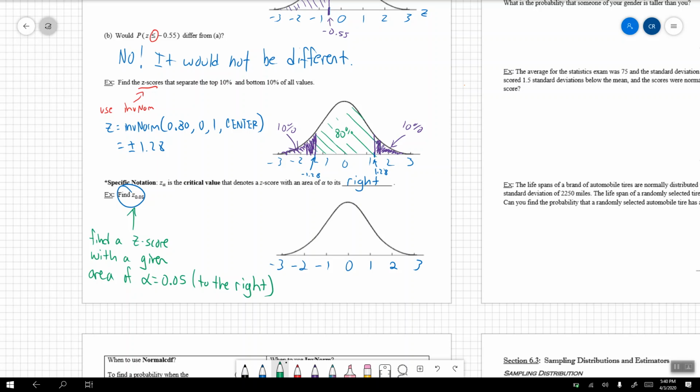Well, area to the right, look up here, that was 10%, so we're going to go a little bit less than that. So let's say the area to the right was somewhere around here, and that was my 0.05. In other words, 5%. So anytime that we find a z-score, we always use inverse norm. The area that I'm using is 0.05, mean, standard deviation, and I want this area to be to the right. So let's go to the TI and input this in.